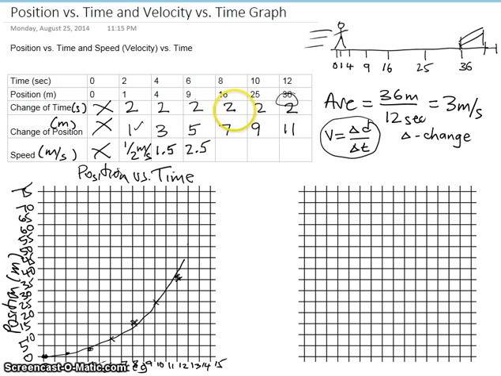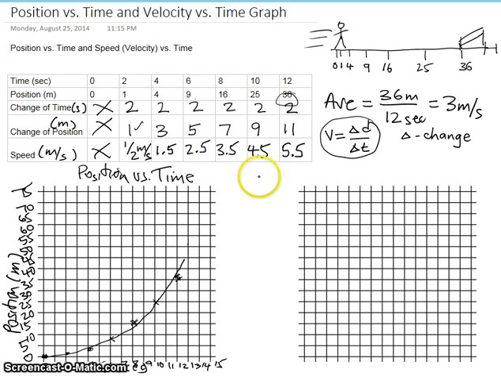Again, 7 meters divided by the 2 seconds of our interval, 3.5 meters per second. Again, this one, we've gone 9 meters in those 2 seconds, so we're at 4.5 meters per second. And this last one, we've traveled 11 meters in 2 seconds. We can see our average speed is 5.5 meters per second from the time of 10 seconds to 12 seconds.